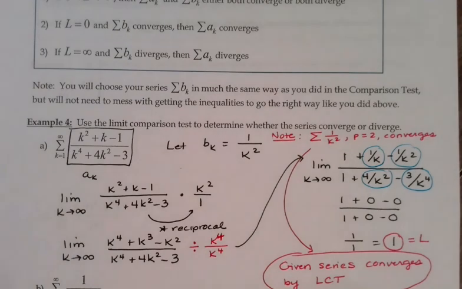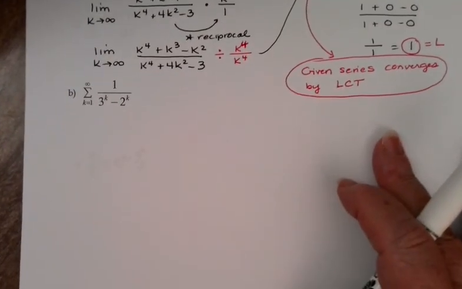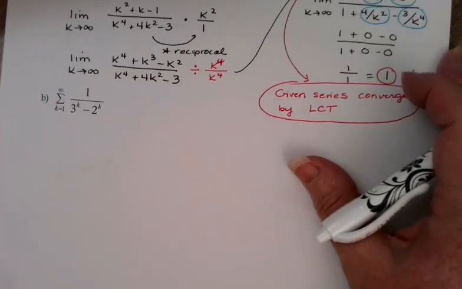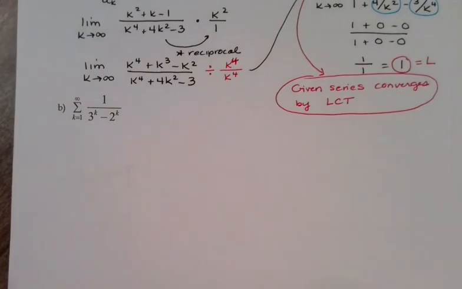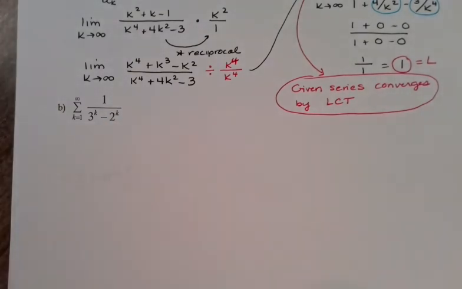All right, let's try one more. On this last one, our series is 1 over 3 to the k minus 2 to the k.